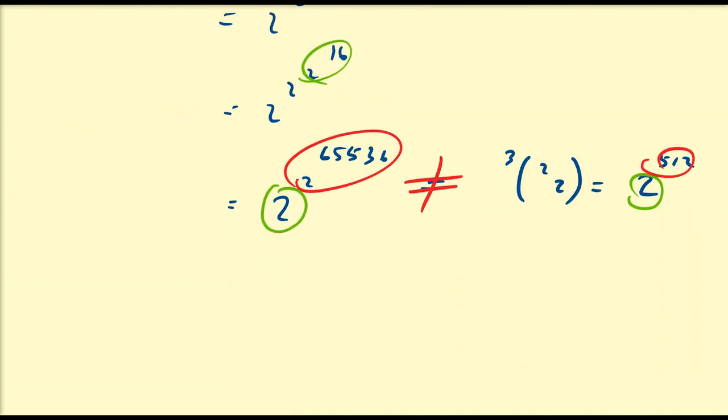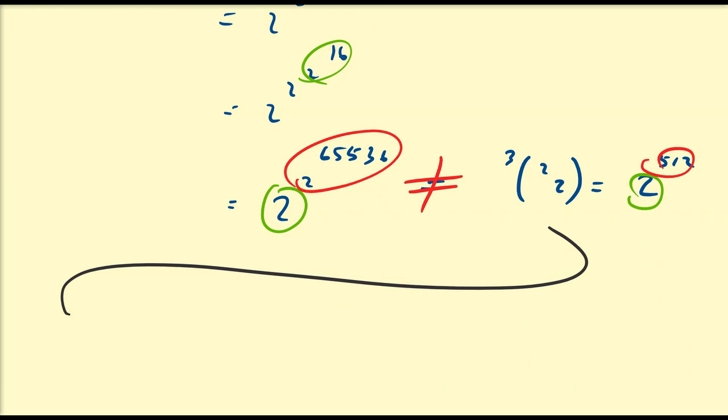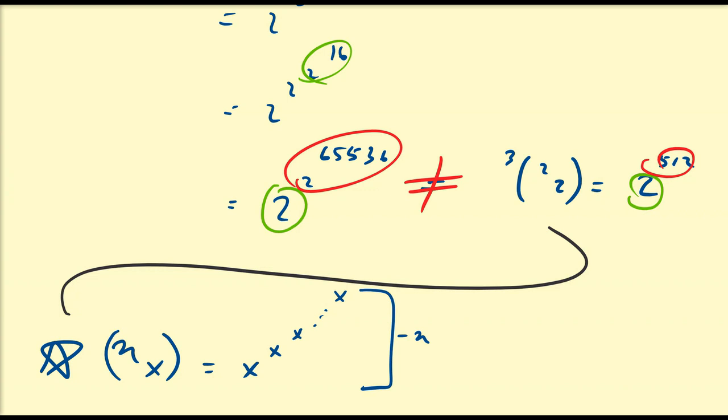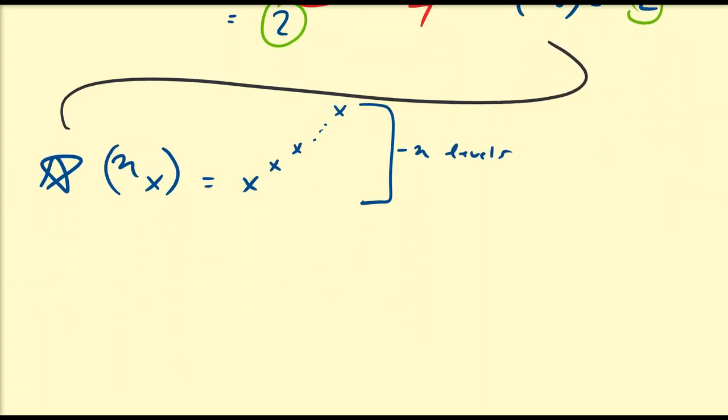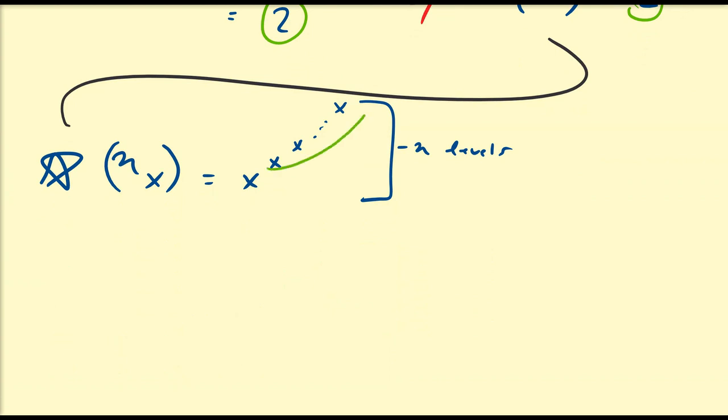So let's see if we can build a couple of properties for tetrations that actually do work. Let's look at the nth tetration of x, which as we know is x^x^x^..., n times. Right? So we can focus primarily on this expression right here. This is the same as x to the power of x^x^x, where we have n minus 1 levels.